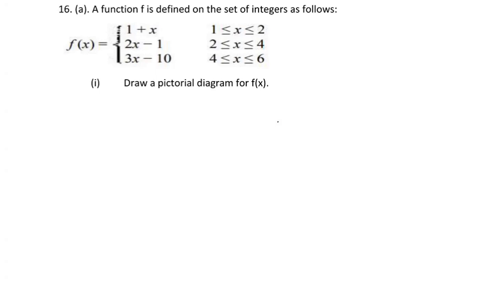Okay, let us start by finding points forming each line. So we have function of x equals 1 plus x, with values of x as 1 less or equal to x and less or equal to 2. Now let function of x equal y, then y equals 1 plus x.